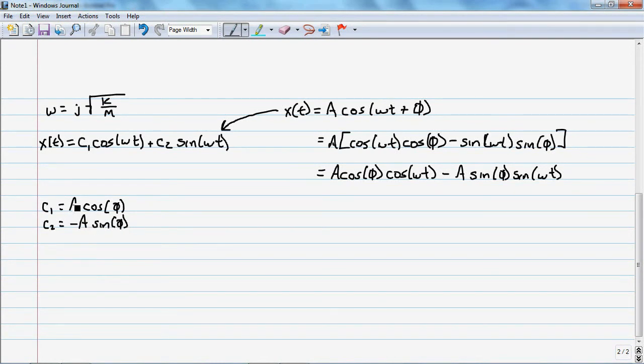So now we need to solve for A and for phi so that we can get the conversion between the two. And to solve for A, we could take the square of both of these. So we have c1 squared is equal to A squared cosine squared phi, and c2 squared is equal to A squared sine squared phi.